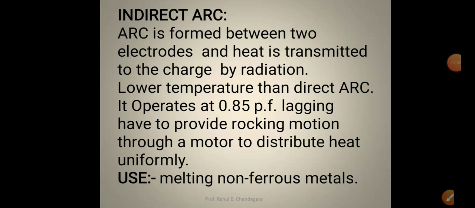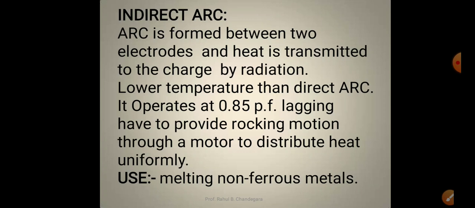Indirect arc is formed between two electrodes and heat is transmitted to the charge by radiation. It gives a lower temperature than direct arc, because in the direct arc heating method the arc is produced directly to the charge, but in this case the arc is formed between two electrodes, so the heat radiates to the charge.